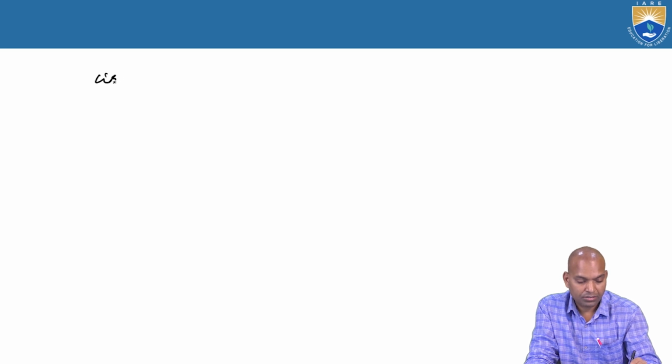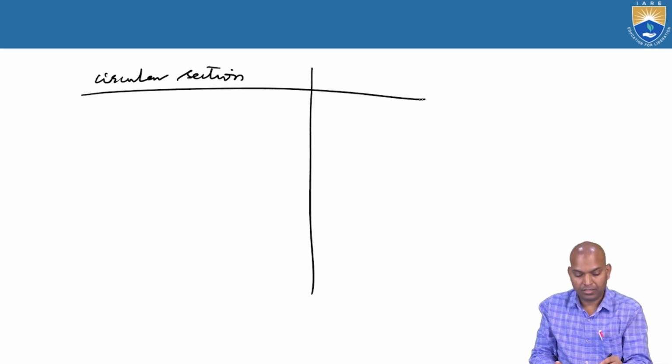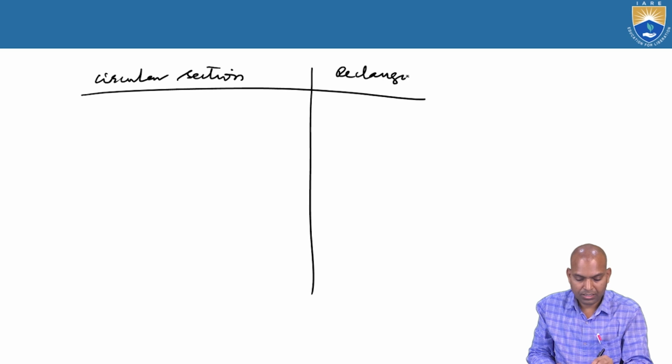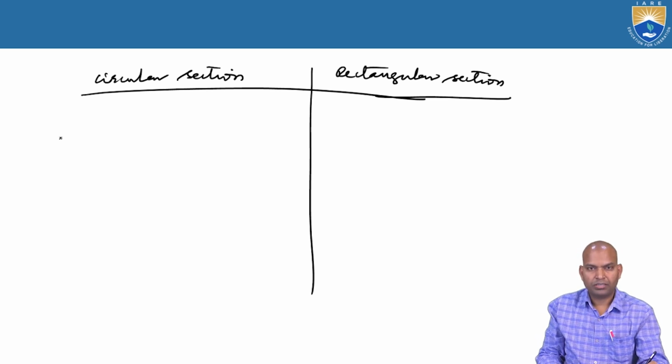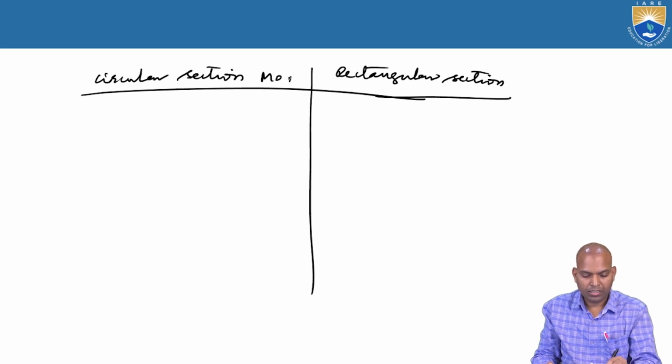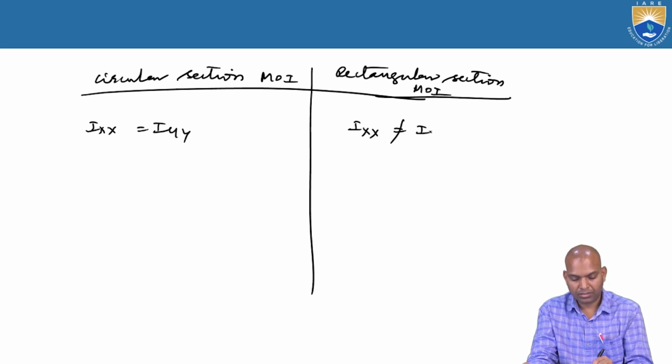the rectangular section, the moment of inertia calculation of the circular section with the rectangular section. For the circular section, Ixx equals Iyy, whereas for the rectangular section, Ixx is not equal to Iyy.